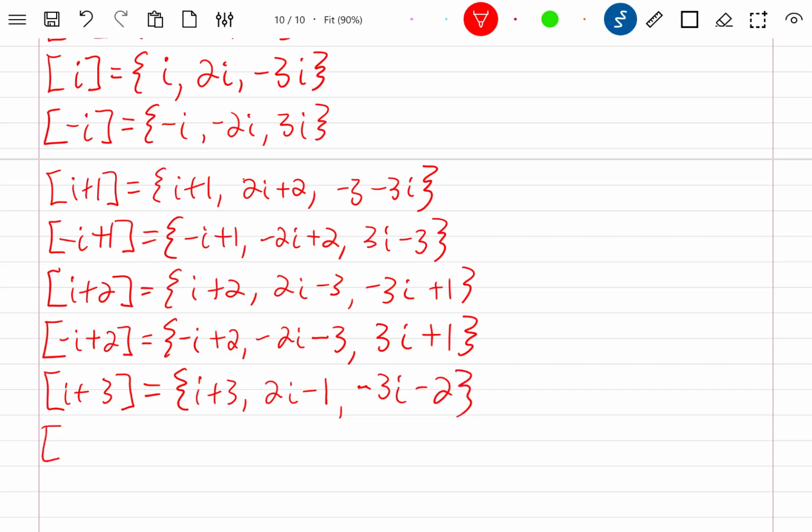Then I have an equivalence class of negative i plus 3, which should be negative i plus 3. I have to multiply this by 2 to get negative 2i minus 1. And then I multiply this by negative 3, which will give me 3i minus 9, which is the same as minus 2.